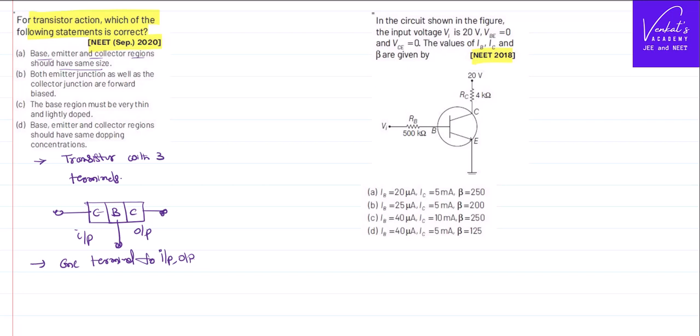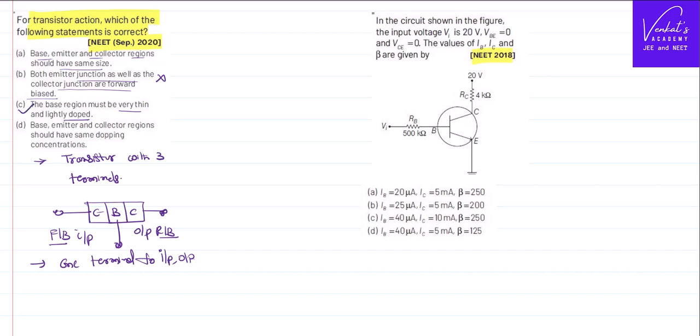See the second option: both emitter junction as well as collector junction are forward biased. That is also wrong, because the input is always in forward bias and the output is in reverse bias. That's how a transistor works. The third option: the base region must be very thin and lightly doped.